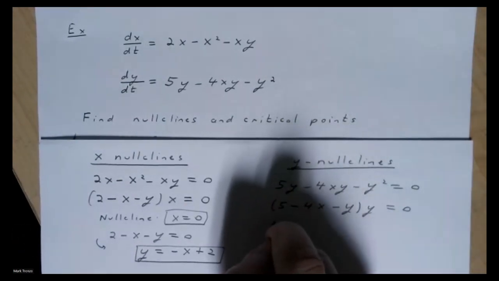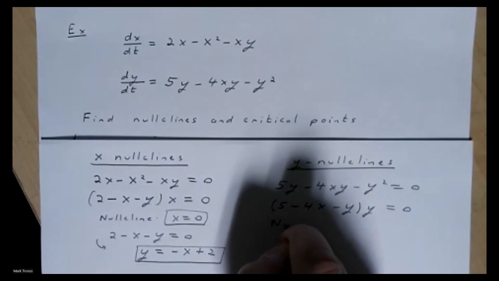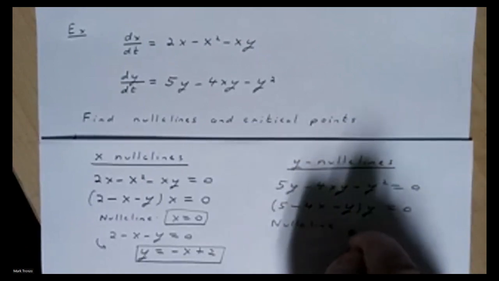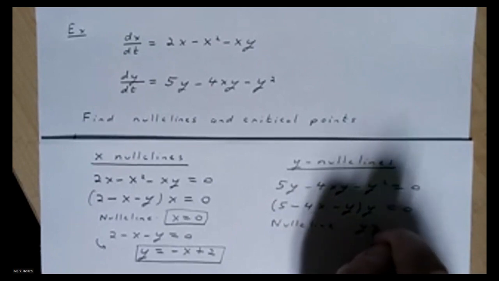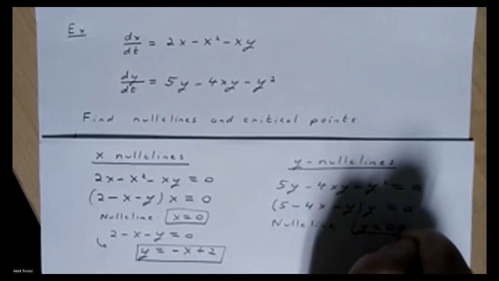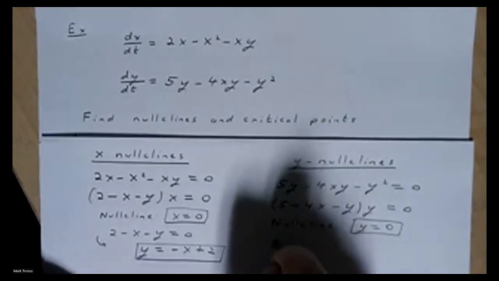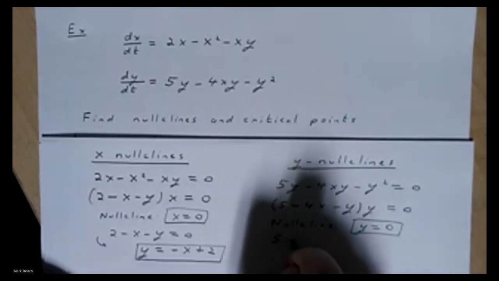So the y nullcline is going to be y equals 0. And the other one will come from this being equal to 0.